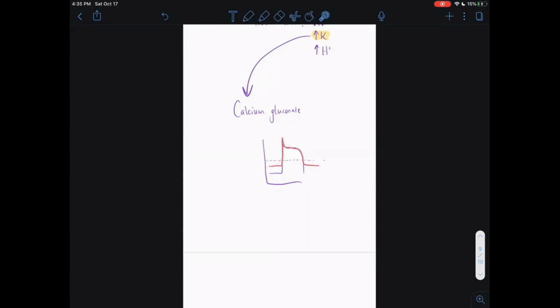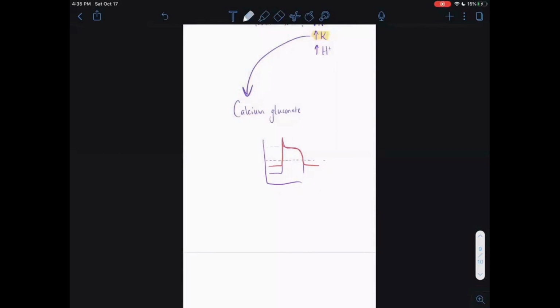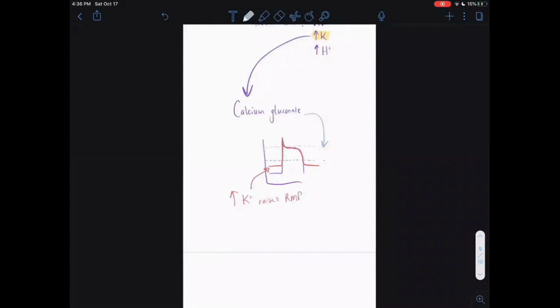Okay, so what you do is you give calcium gluconate, because calcium gluconate is going to cause an elevation of the threshold. All right, so calcium gluconate elevates the threshold. So high potassium raises the resting membrane potential, whereas giving the calcium is going to increase the threshold.